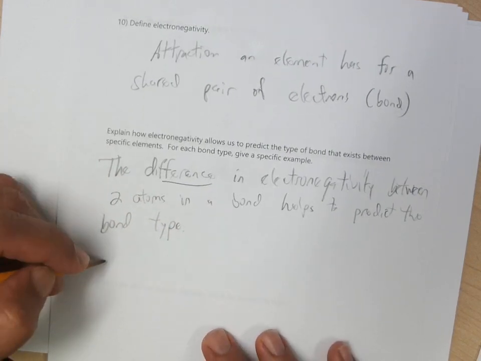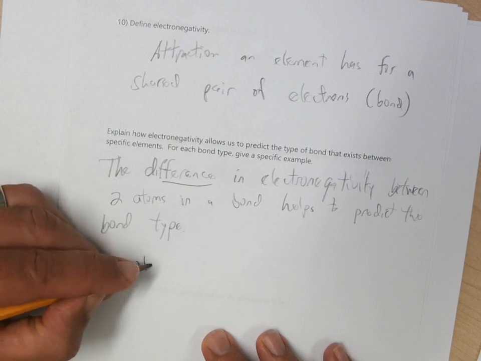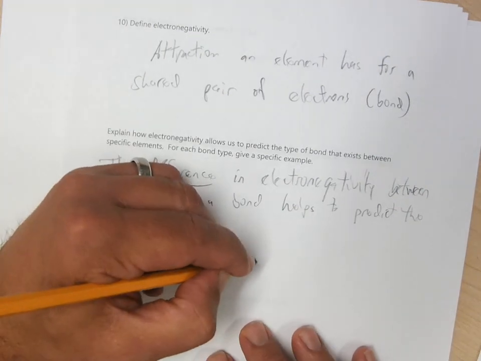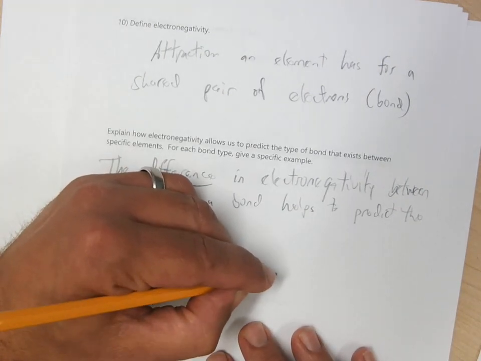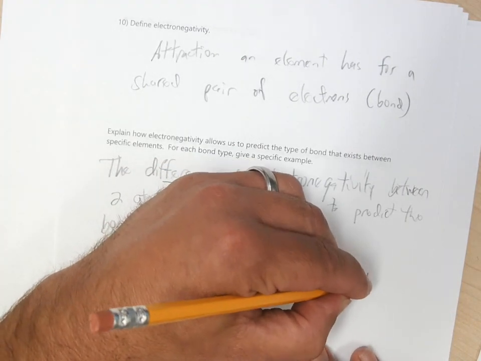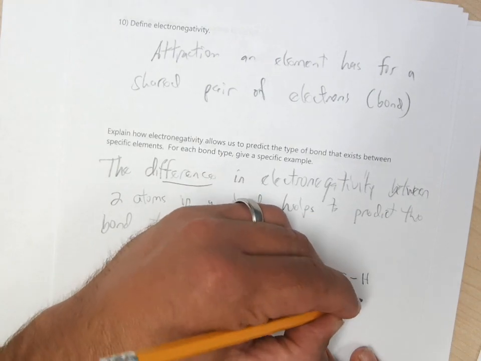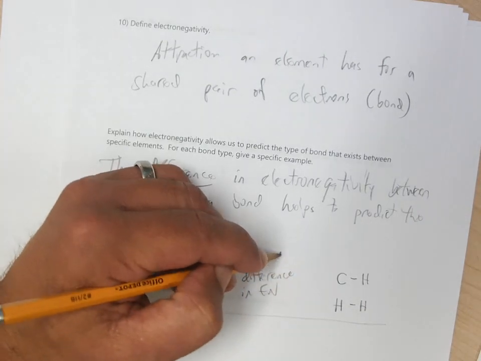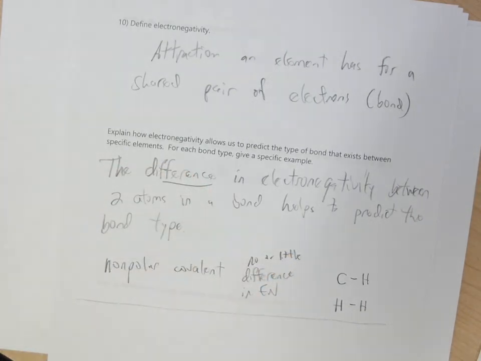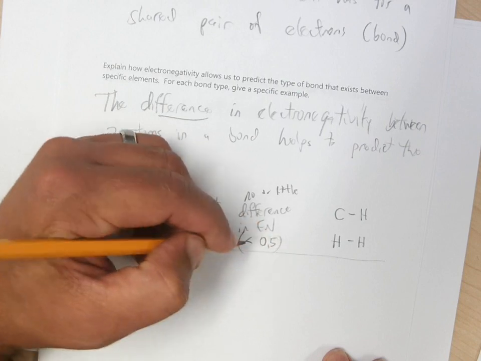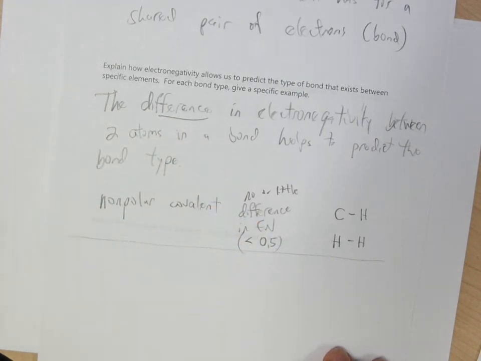And so there's three different bond types: nonpolar covalent, and that would be no difference or a very small difference in electronegativity, like a carbon-hydrogen bond, or even more nonpolar, a hydrogen-hydrogen bond. So these are no or little difference in electronegativity we'll call nonpolar, and so generally less than 0.5 difference, if you wanted to throw a number on that.